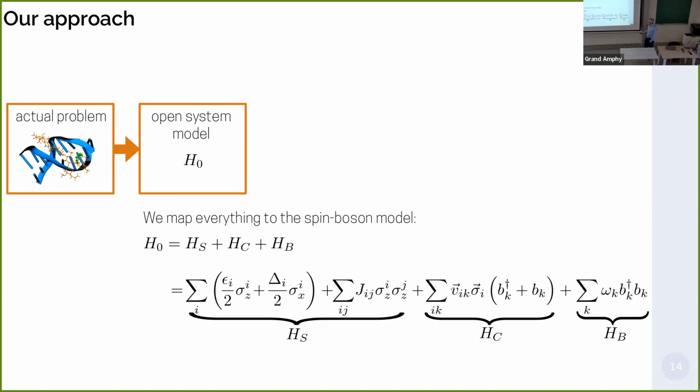And the coupling can also be more general than this. Any type of spin Hamiltonian can be HS, with a coupling Hamiltonian to bosonic modes, and then a kind of non-interacting bath of bosons. So the first step: take the actual problem and transform it into the open system model.